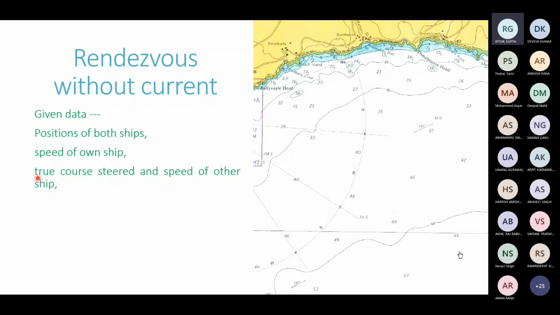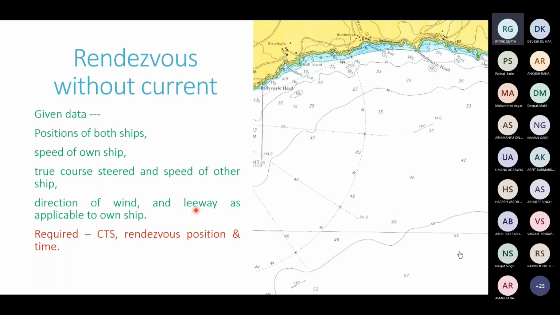We have the true course and the speed of the other ship or the target ship. It is told to us what course the other ship is steering and what speed the other ship is maintaining. In case wind is also present in the area, then they tell us the direction of the wind, and it is also given what is the leeway angle applicable.